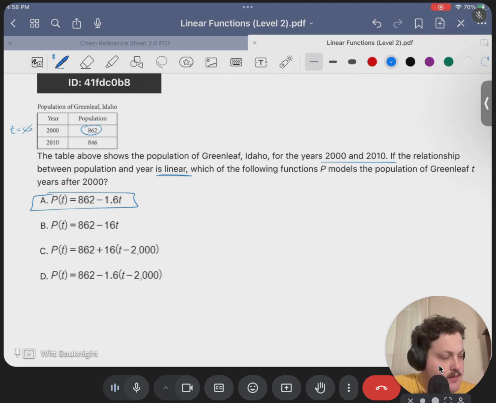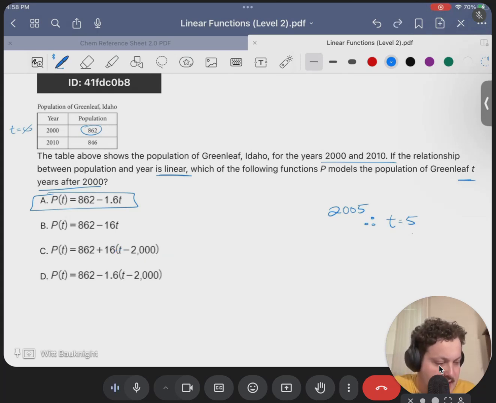T is, this is also like a unit thing. T is years after 2000. It's not years or like calendar year, right? So the year, for example, 2005 is T equals 5. So I don't need to take that 5 and subtract 2000 from it.